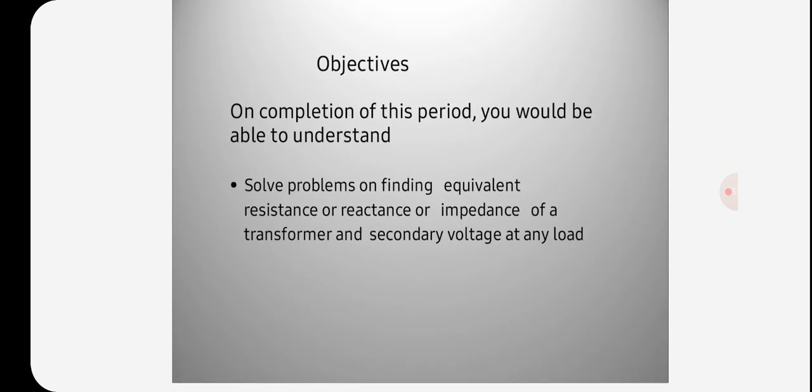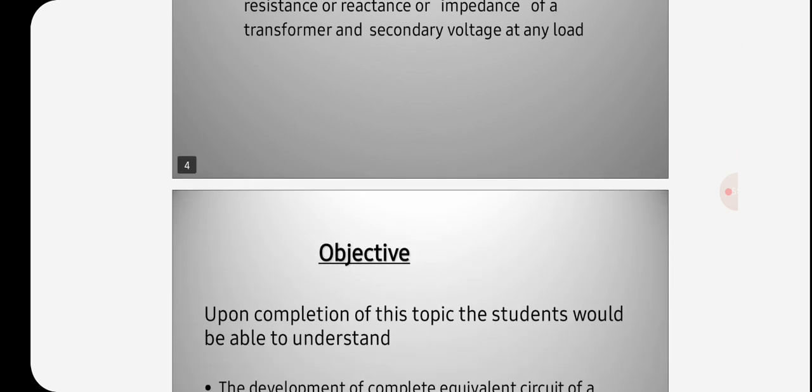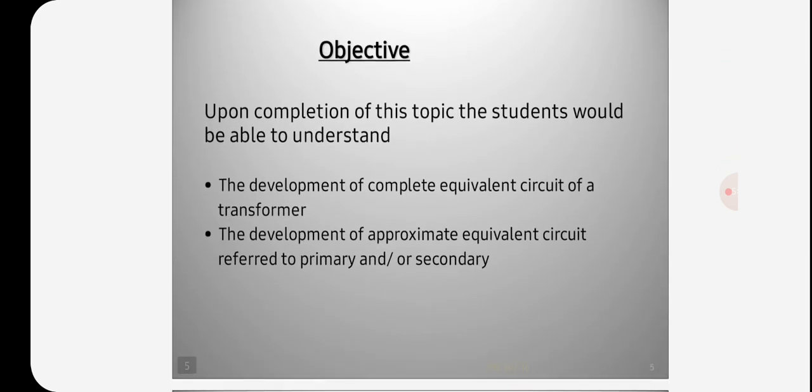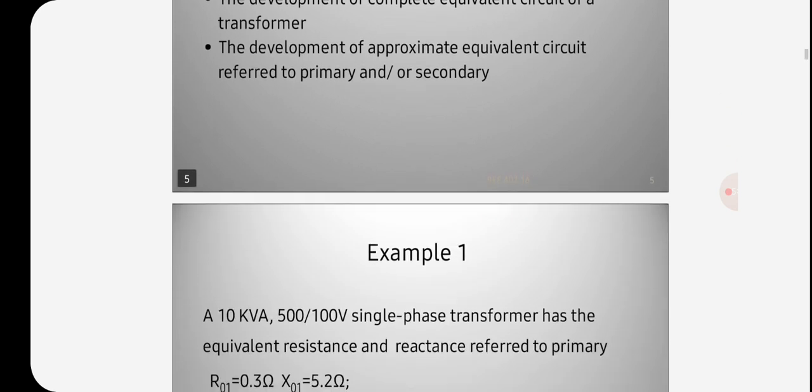Today we are going to solve problems on finding the equivalent resistance, reactance or impedance of a transformer and the secondary voltage at any load. We will also discuss the development of the complete equivalent circuit of a transformer.